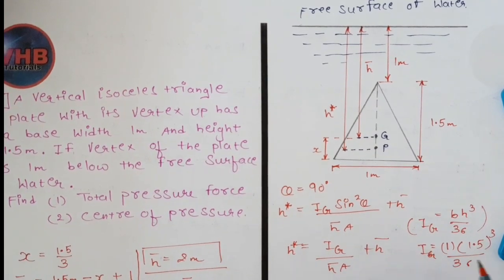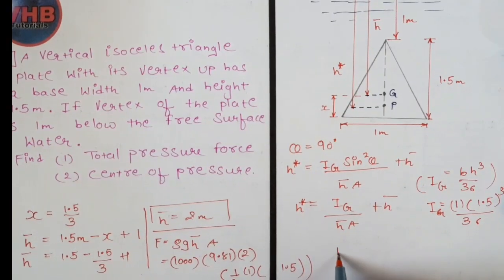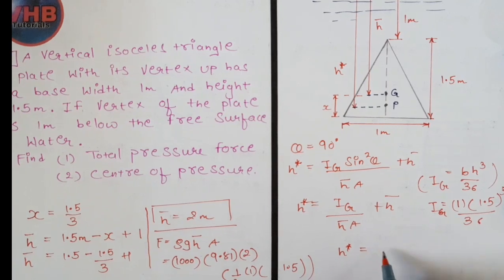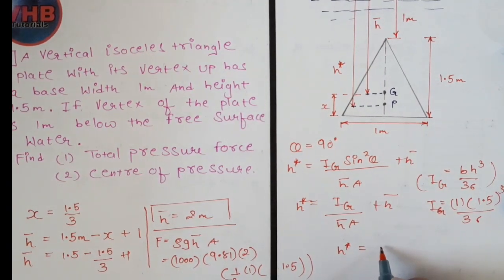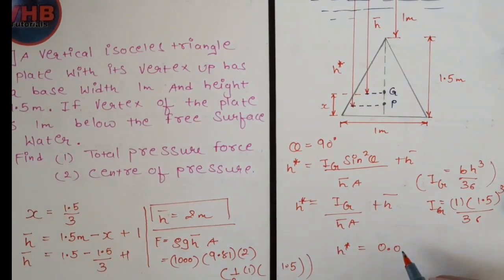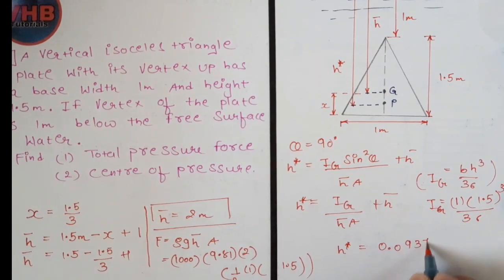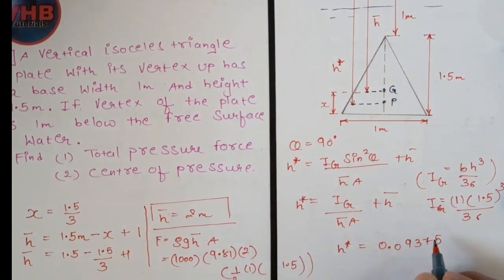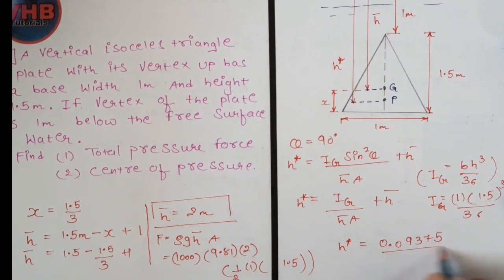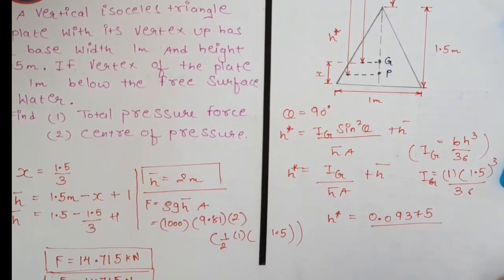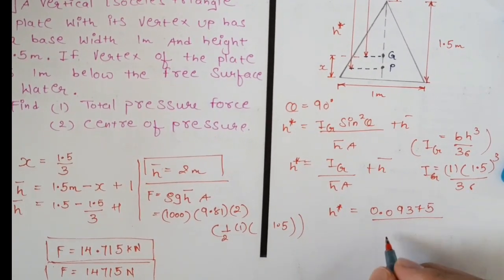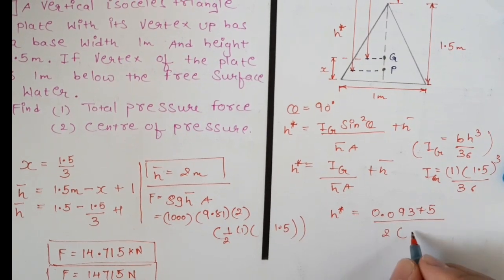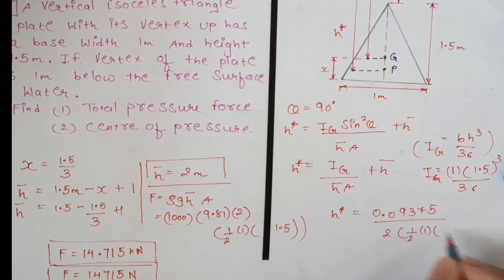If you calculate, you will get Ig equals 0.09375 meter raised to 4, divided by H bar, which is 2 meter, into area. Area will be half into base into altitude.